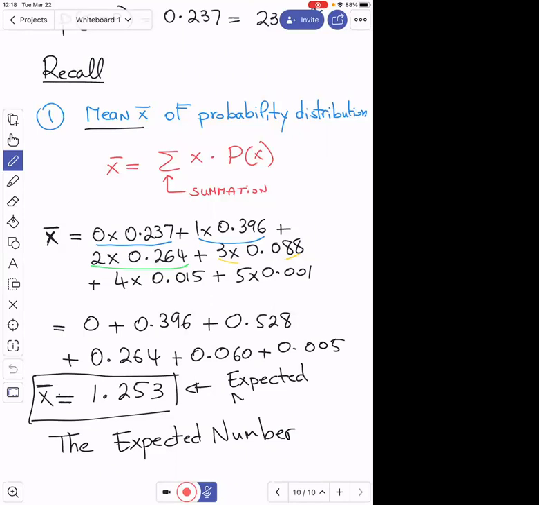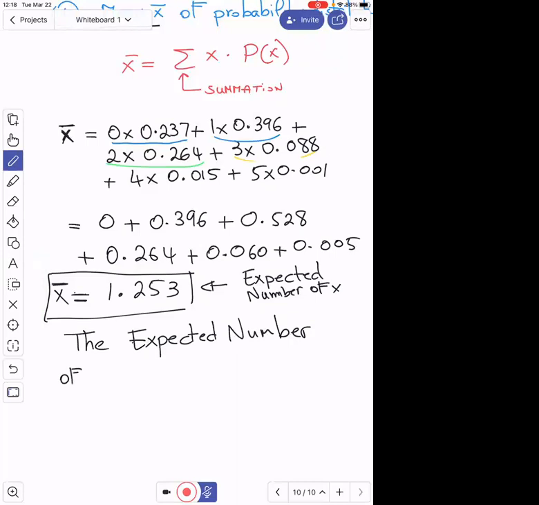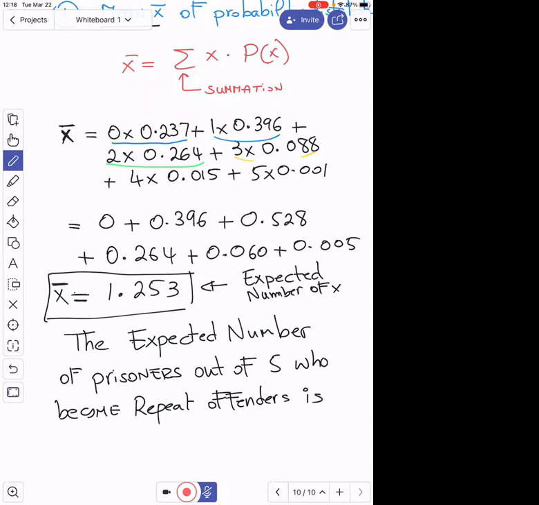So the expected number of prisoners out of 5 who become repeat offenders is 1.25. So at least one prisoner out of 5 becomes a repeat offender.